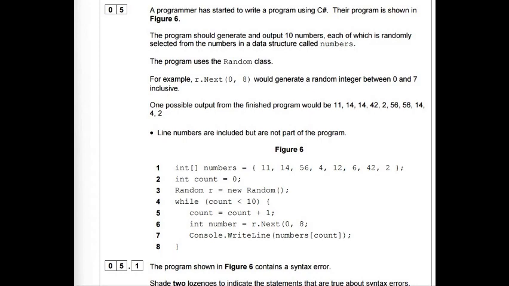The program uses the Random class. So if you got r.Next(8), that is going to generate a random integer between 0 and 7 inclusive. So one possible output from the finished program will be from 11 to 2, because that is what's in the array.